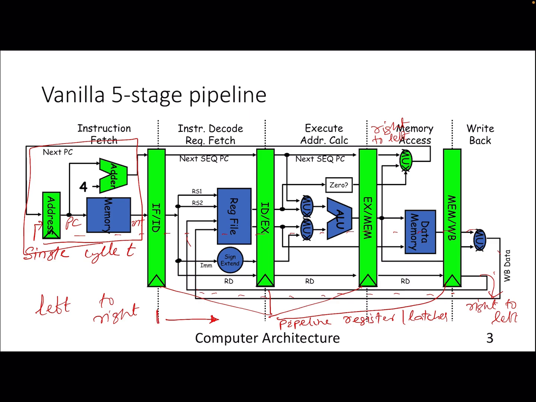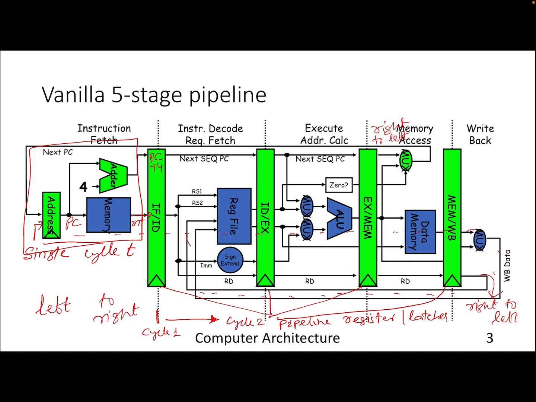So at the end of cycle 1, the instruction is in this particular latch. Along with that, the PC is also in this latch. In fact, this is PC plus 4 because the PC is already incremented, right? Then the next stage comes. Let's say this is cycle 2.